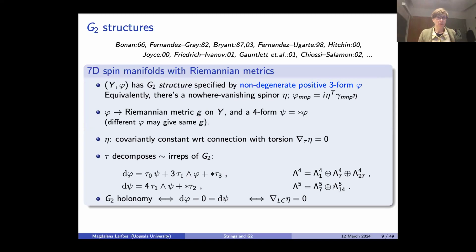And if you have a 7-dimensional manifold that is spin and Riemannian, then it's well known that this has a G2 structure. And this G2 structure can be defined by a three-form, which I will denote by phi. And this three-form is related to the spinor that I've mentioned, this nowhere vanishing spinor, in the way that is written here.